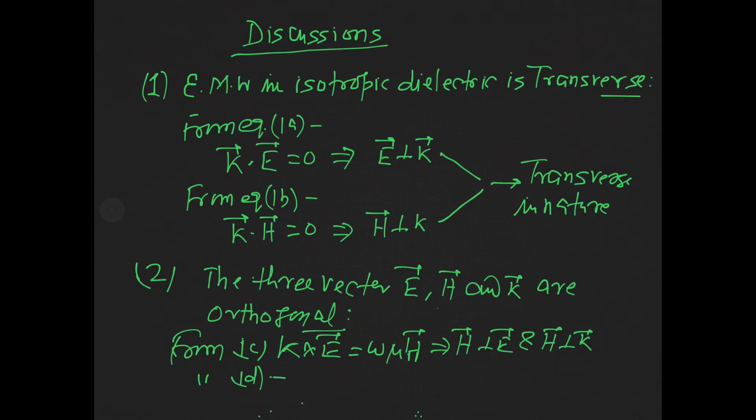Again, from equation 1d, minus k cross H equal to omega epsilon E, this result, in accordance with the definition of the cross product of two vectors, implies that vector E is perpendicular to H and E is also perpendicular to k.